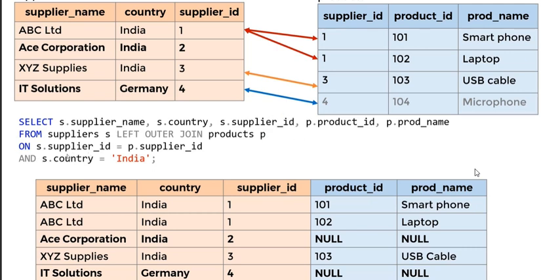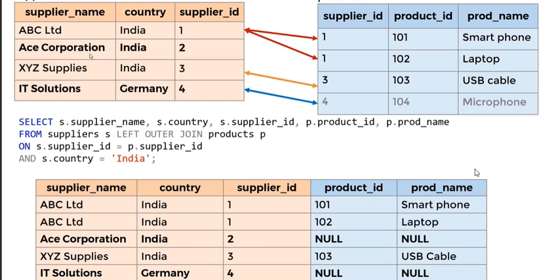In the ON clause we now have two predicates, and they both serve a matching purpose. The first one is supplier ID equals supplier ID, and the second is country equals India.